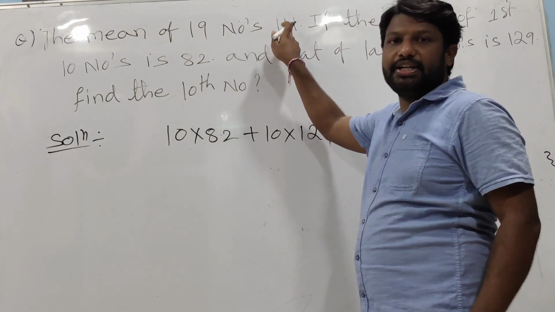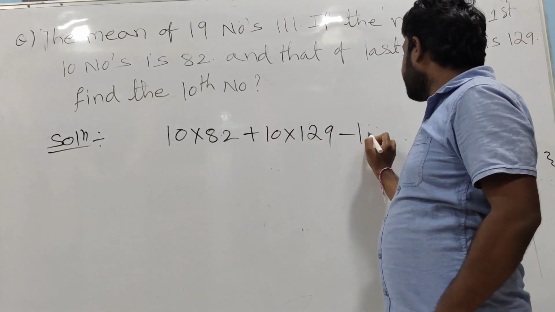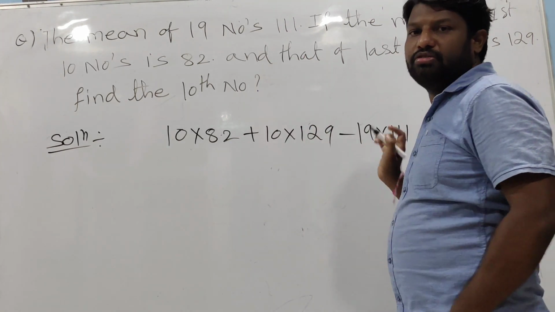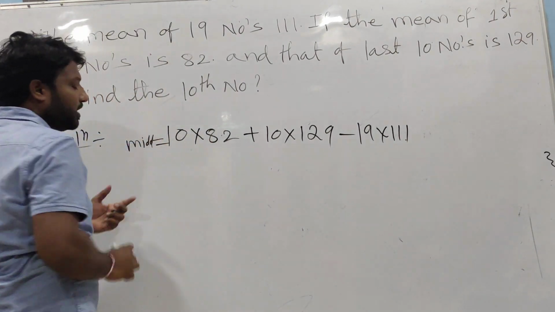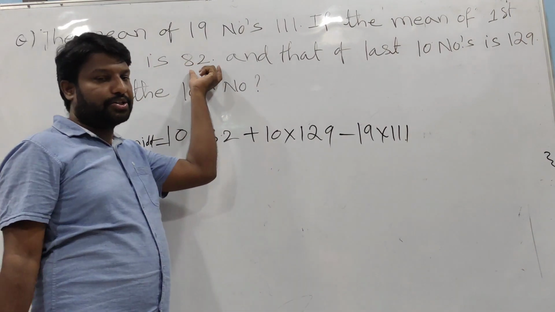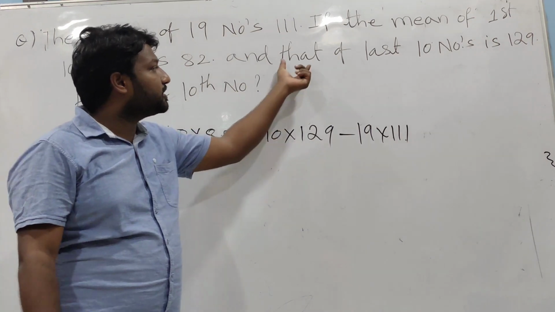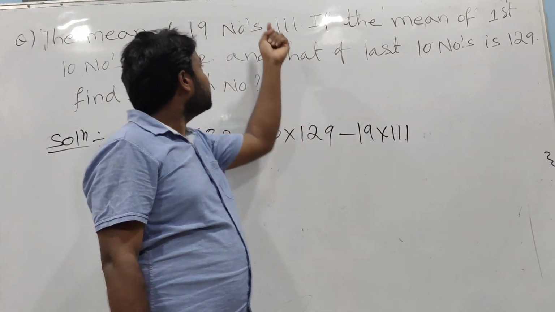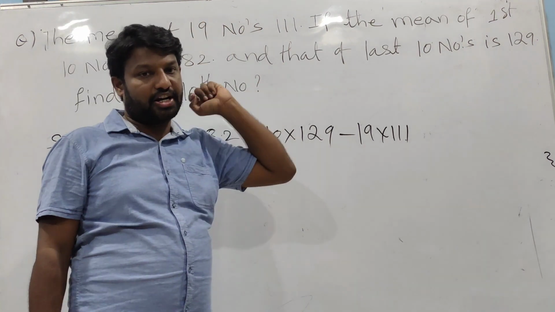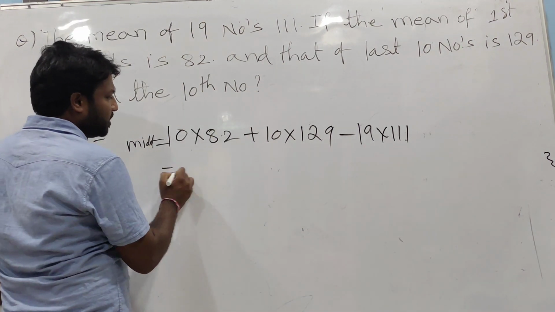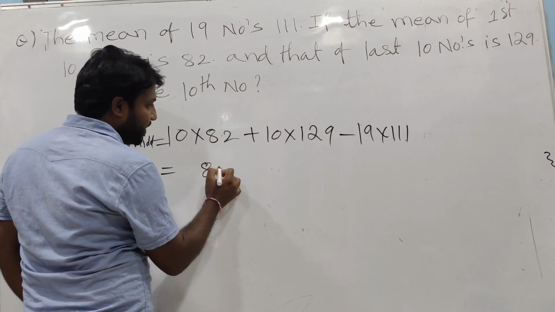What is the total sum? 19 into 111. So to get the middle number, the middle number is equal to 10 into 82 plus 10 into 129 minus the total sum, 19 into 111. So what will I get here? 10 into 82 is nothing but 820.